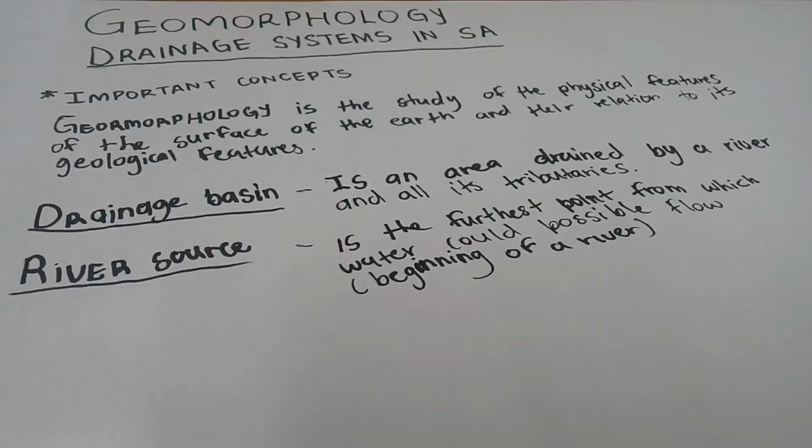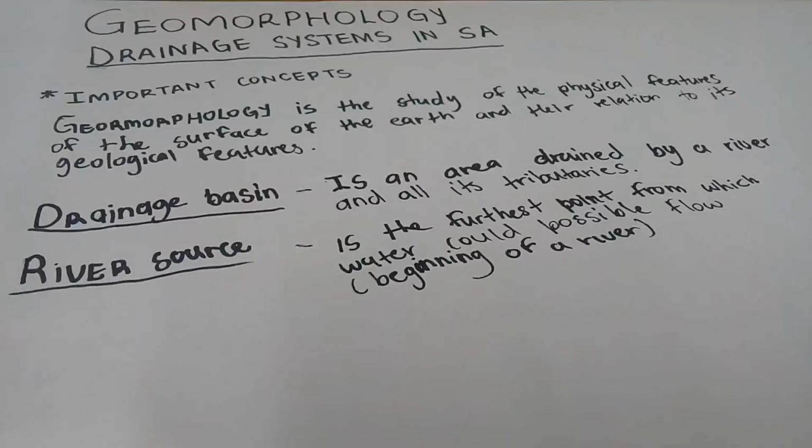Yes, your ridges, your hills, and your mountains, whereby water can flow down and start a river flow or a drainage basin. So that's a source of a river. You can find them in high-lying areas, mostly.